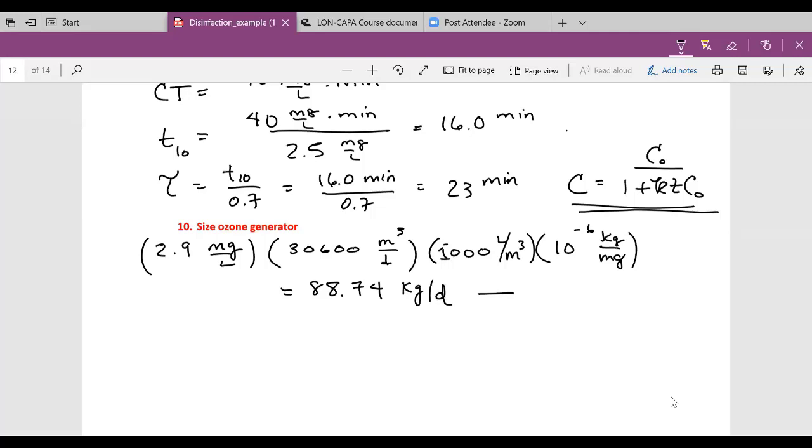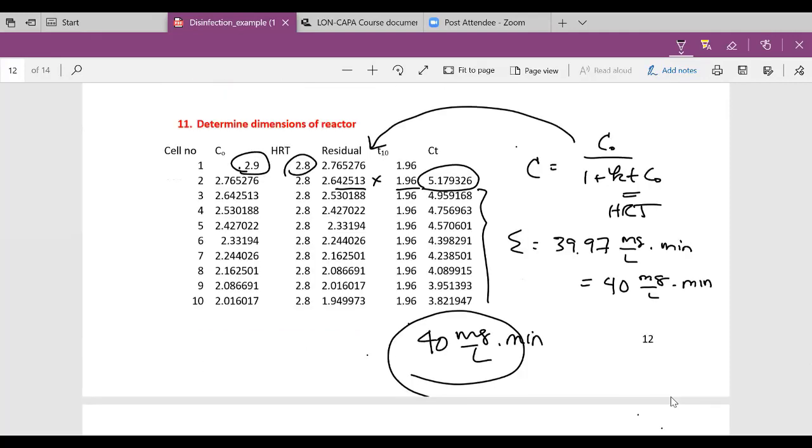So this information allows us to size the ozone generator. And the way ozone generators are purchased is actually on the mass of ozone that they can produce per day. This is the same information that we just looked at, okay?